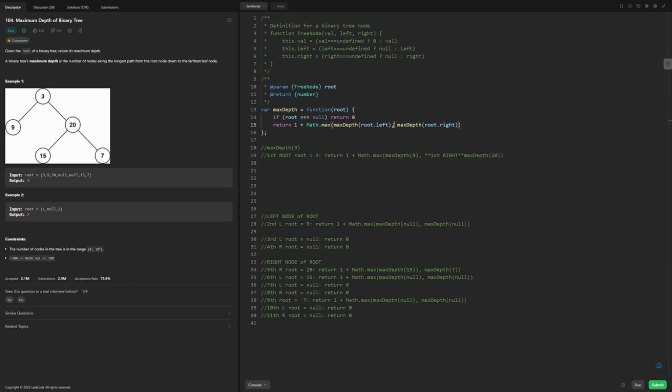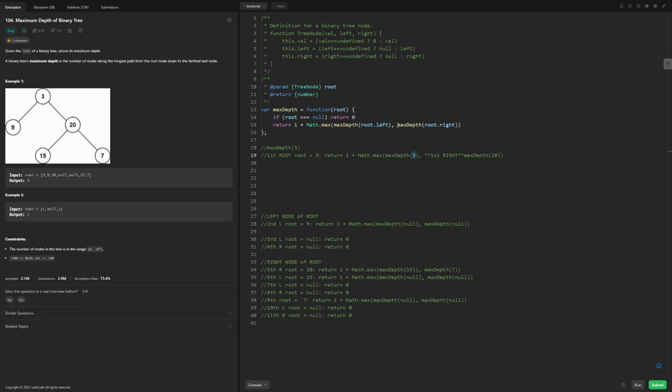Okay, so that means we have to go through this line. Root is equal to 3. We're at root, and it's our first step. So return 1 plus Math.max, and the maxDepth function is going to be passed in root.left. What's to the left of our root? The node 9. So this value is going to become 9.